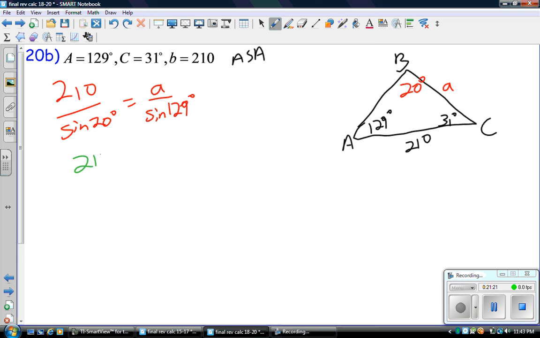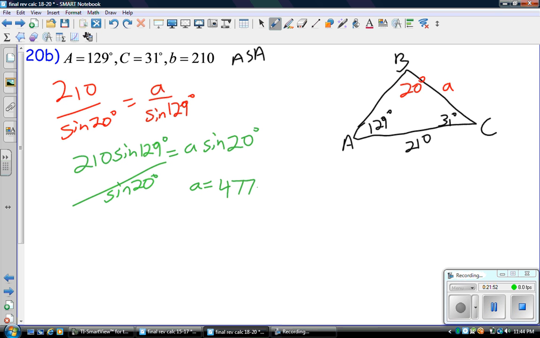So 210 times the sine of 129 equals A times the sine of 20. Get A by itself by dividing by sine of 20. Handwriting's getting worse. So again, put all that mess in your calculator. I got side A to be about 477.2.